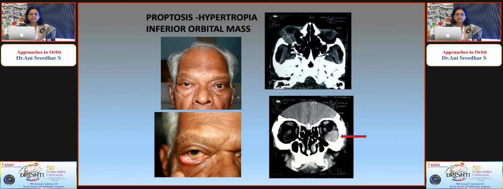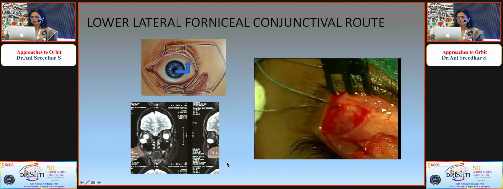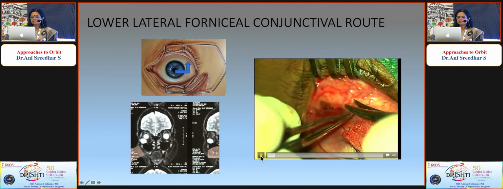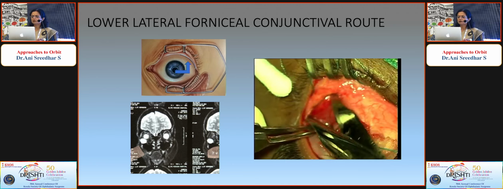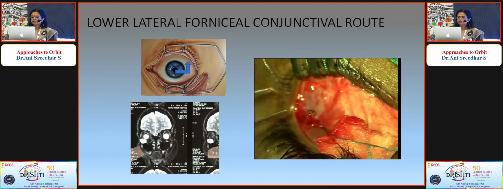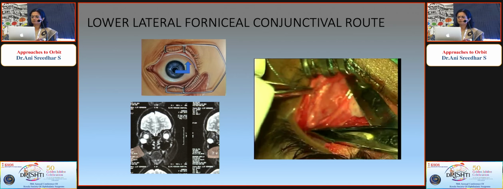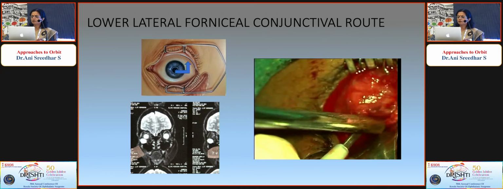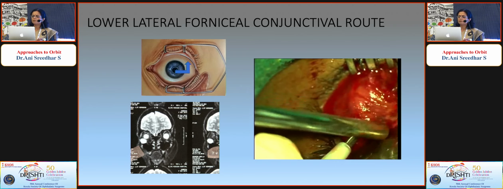This is an inferior lateral mass which I have approached through the conjunctiva again, and it's a huge mass extending quite posteriorly in the orbit. When you go laterally, you have to think about encountering the inferior oblique muscle. Here I found that the inferior oblique muscle was draping over the mass.